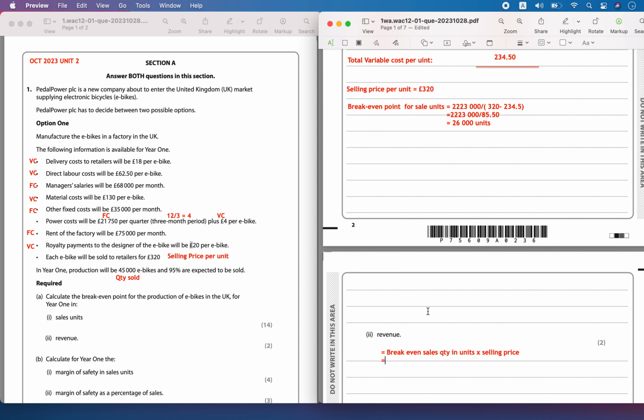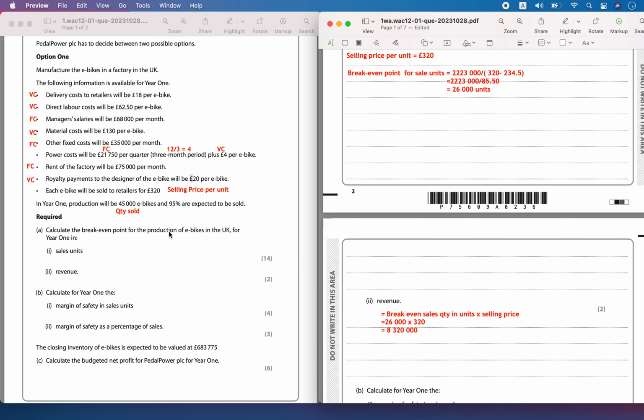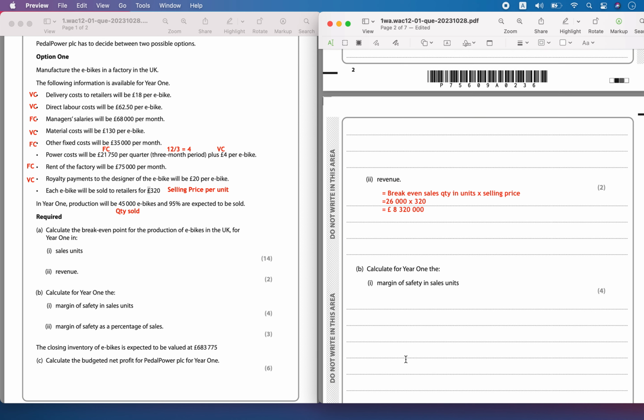So that is equal to, we know that at the break even the quantity sold was 26,000 times the selling price of around 320. So that is equal to 8,320,000. Okay, the pounds. That's the revenue at the break even.